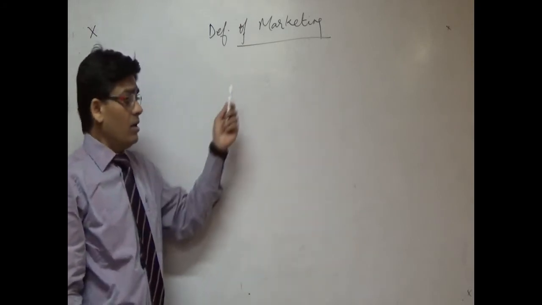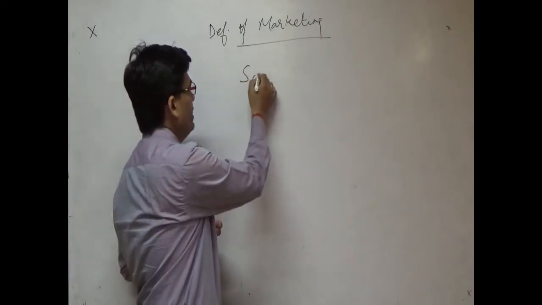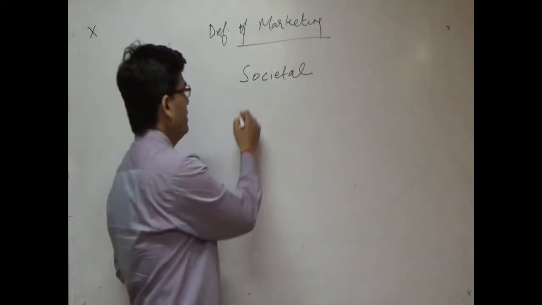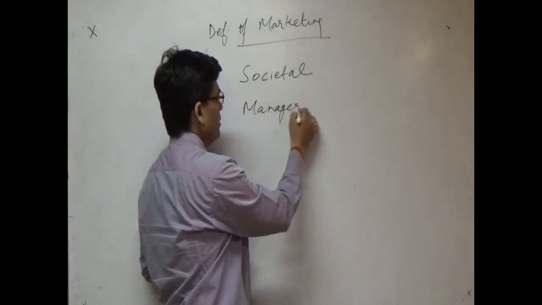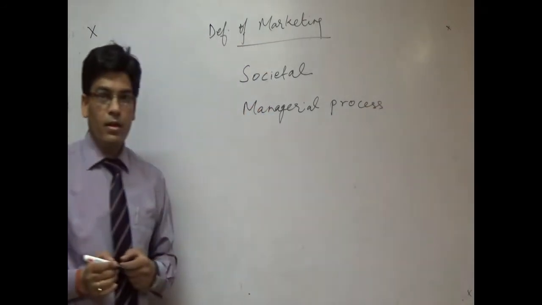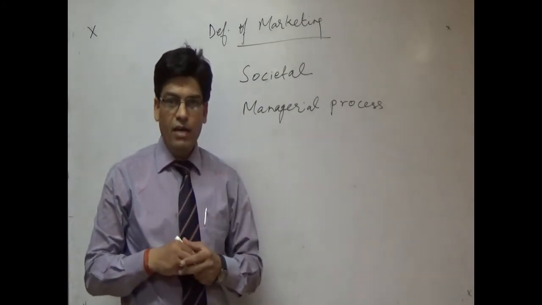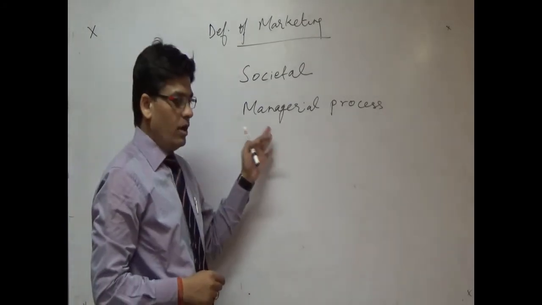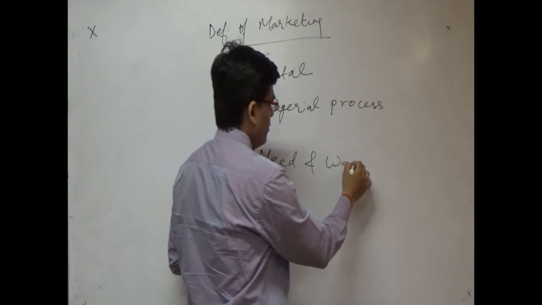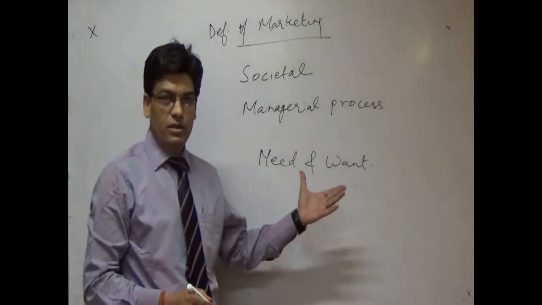Now, looking at this definition, marketing is a societal and managerial process in which individuals and groups obtain what they need and want through creating, offering, and freely exchanging products and services of value to others.